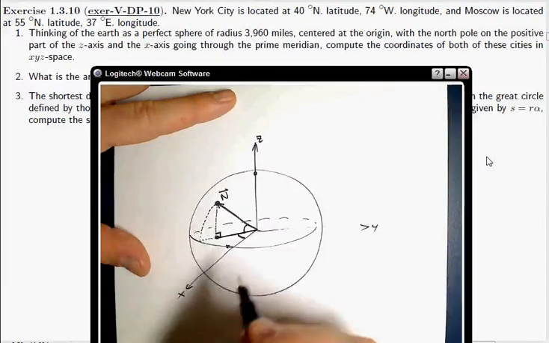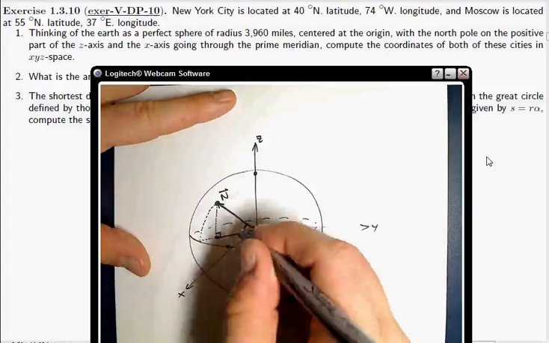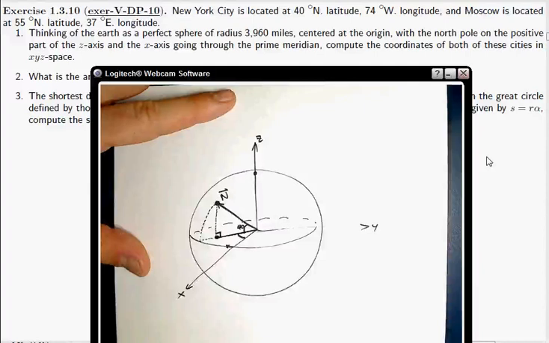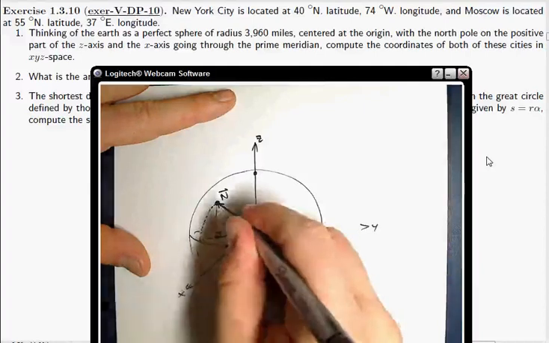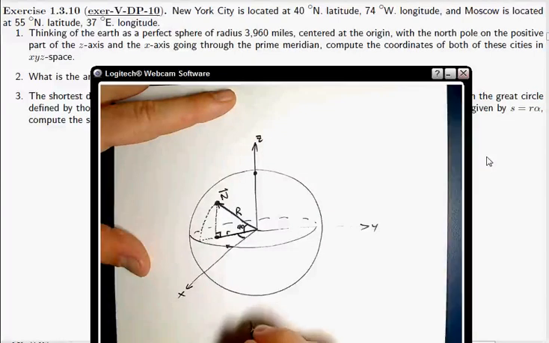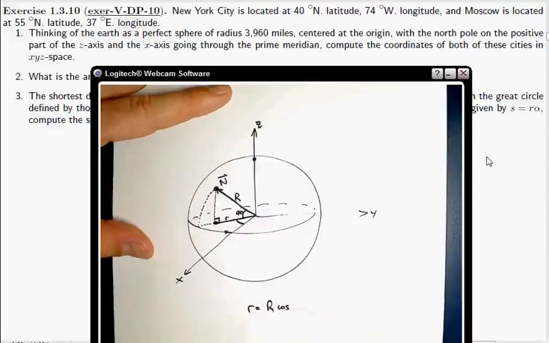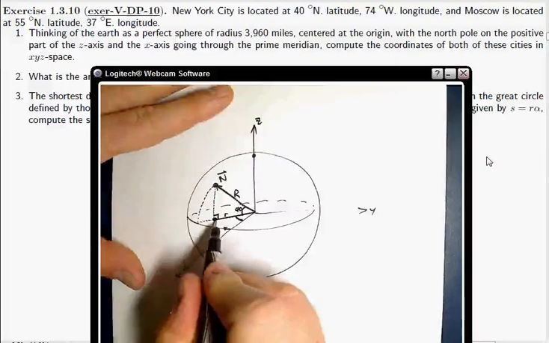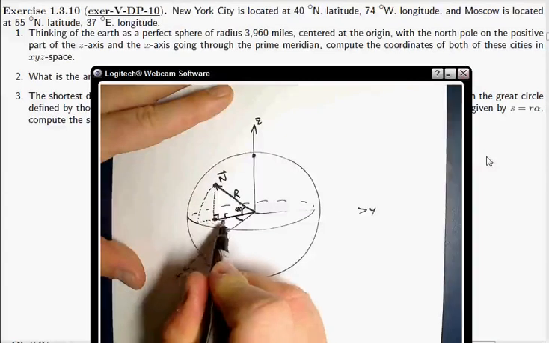Okay. So conveniently, though, that 40 there, I know that that's the radius of the Earth, R, and so this distance, little r, I'm going to call it, is just big R times cosine of 40. Is that cool?